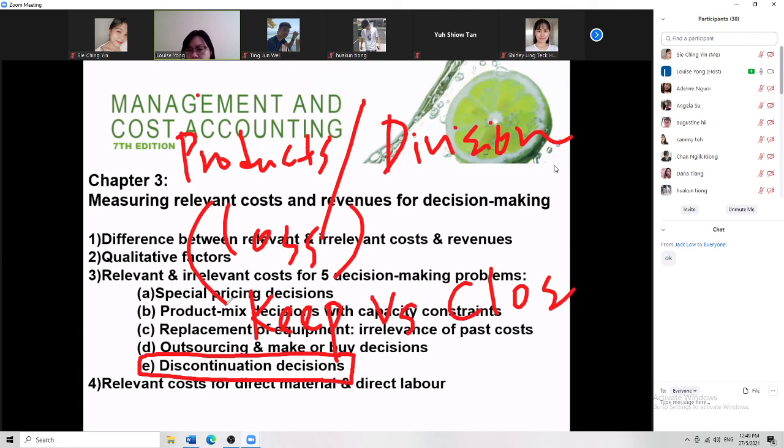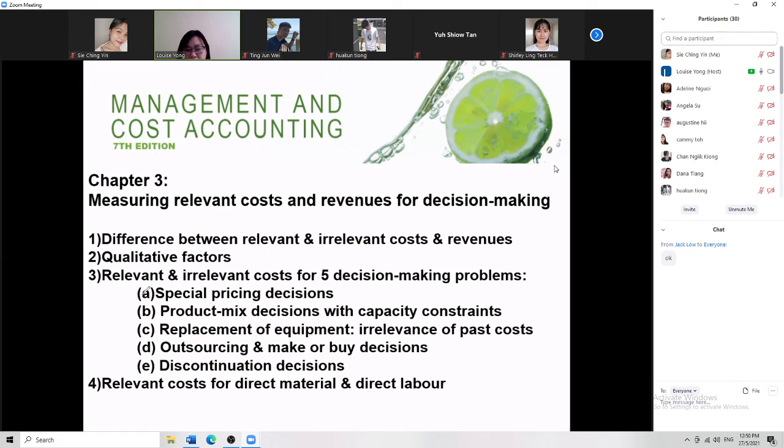The closure of your division, or close your product. And then we can also use relevant cost and revenue to make decisions. So these are the 5 non-routine problems. Then we can solve them by using relevant cost and revenue.